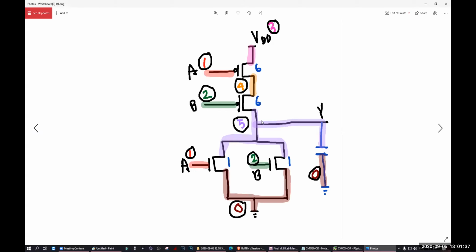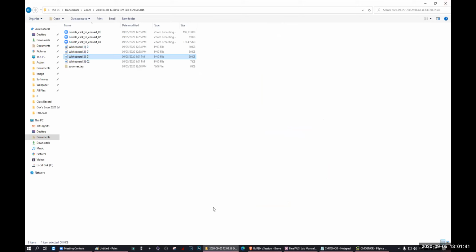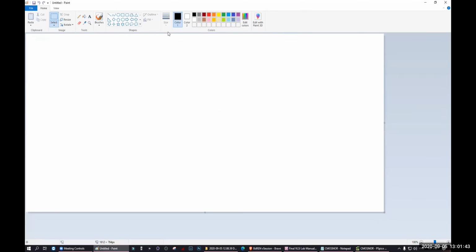You can draw these image by using Zoom, no problem. Or if you want to use this, you can use Paint. Can you see this Paint? Go there, select this, and you can write like this using mouse. You can use different color as well.